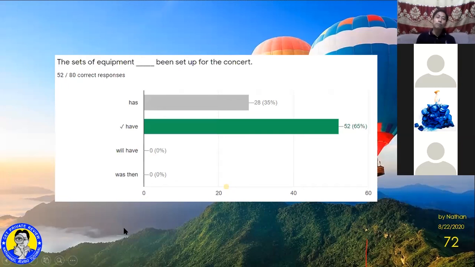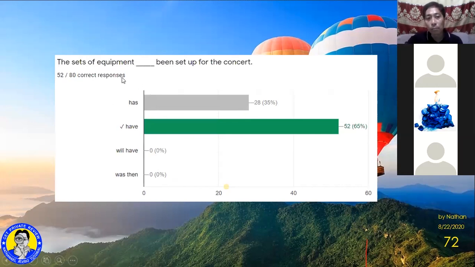Right. "The sets of equipment blank been set up for the concert." So the correct answer here is "have been set up." Then you need here a helping verb, either "have" or "has," but your "has" or "have" has to agree with the subject.